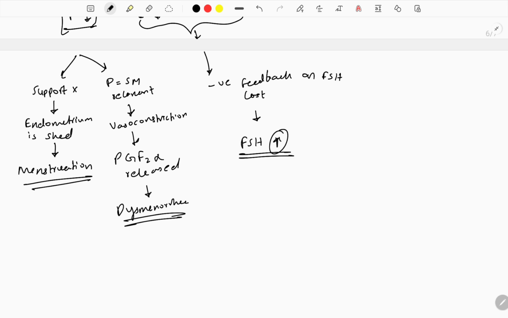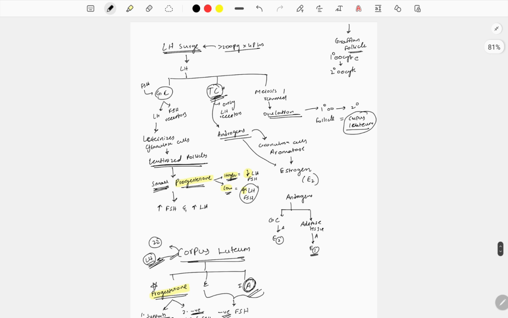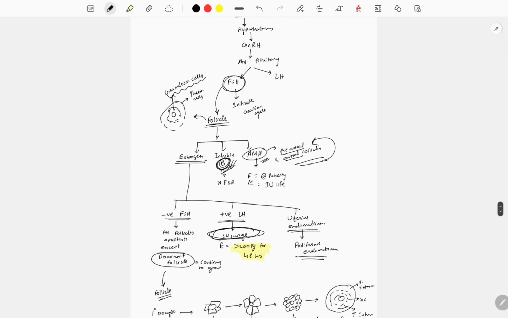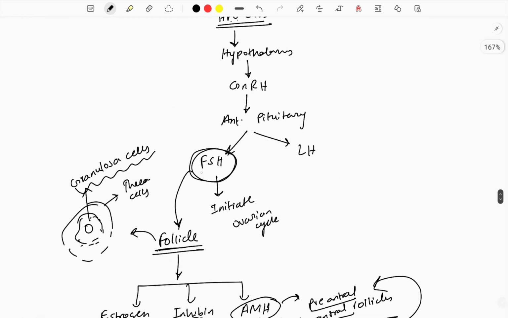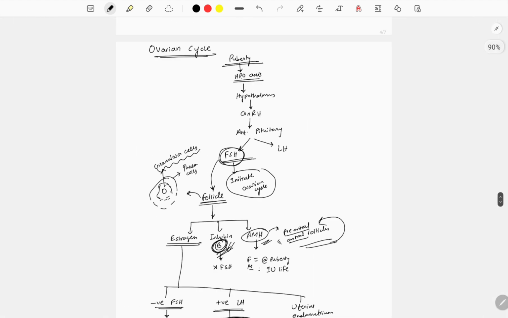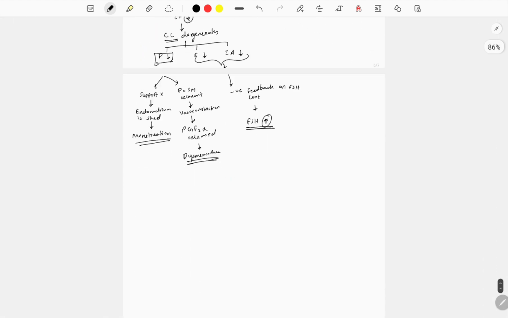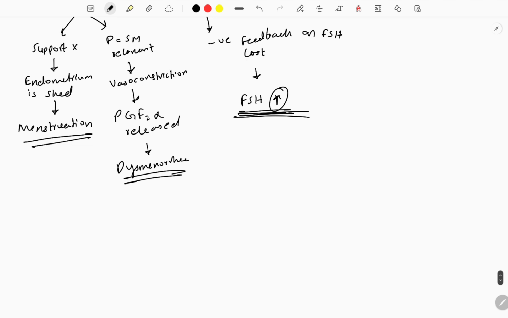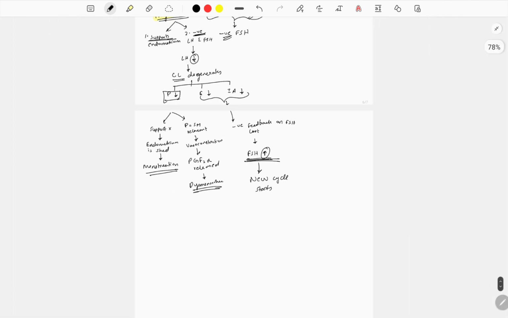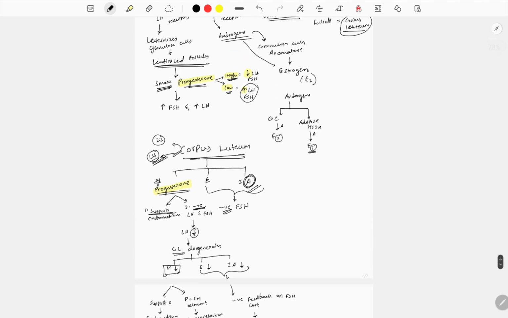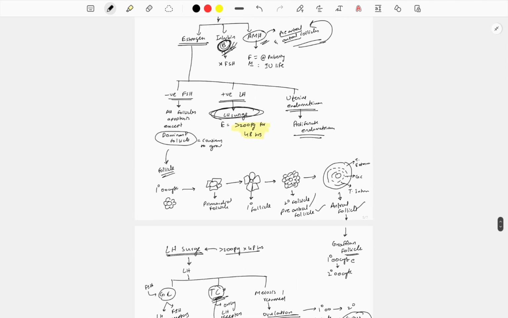So what did we learn for the ovarian cycle to start in the very beginning? That FSH has the main role in initiation of the ovarian cycle. So what happens here? The FSH again increases, which means a new cycle starts. So this is how the ovarian cycle happens.